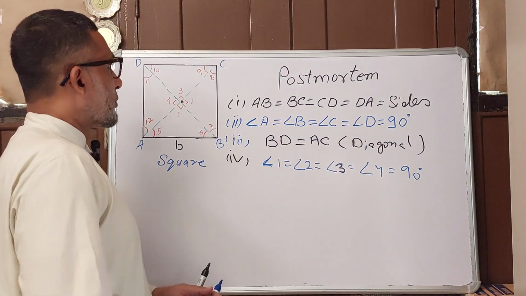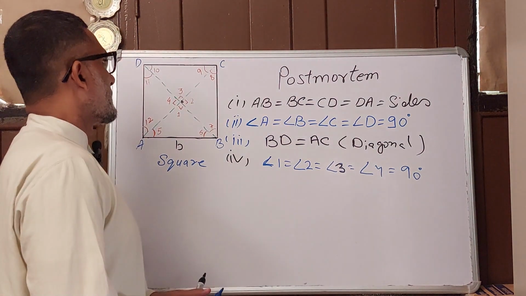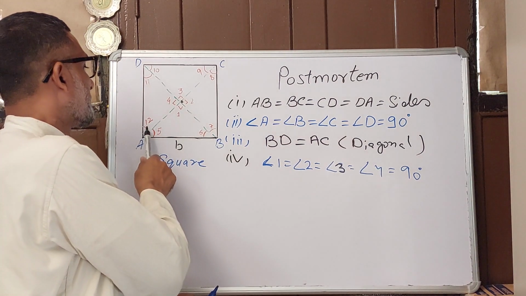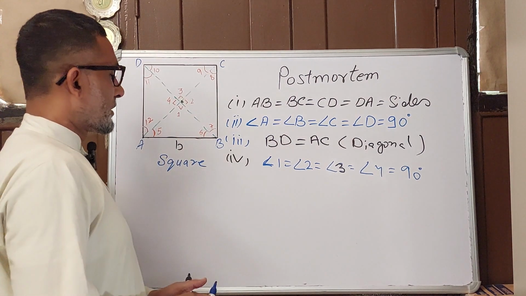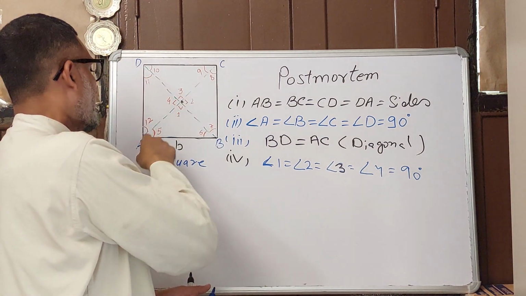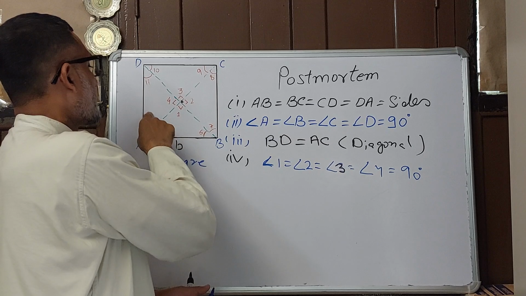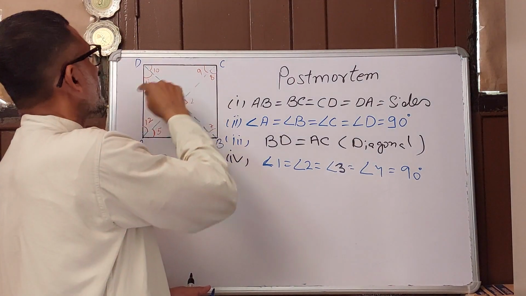Now, going further, we also find the relation between these when the diagonal divides the angle A. We consider it as 5 and 2, 6, 7, 8, 9, 10, 11.